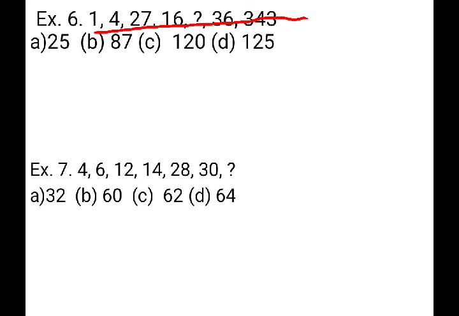Now if you see here, this is very easy. First is 1 cube, 4 is 2 square, 27 is 3 cube.